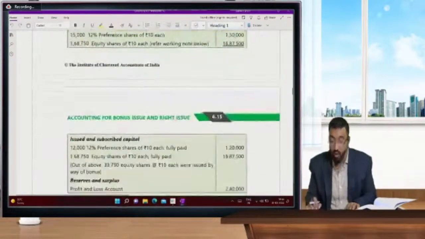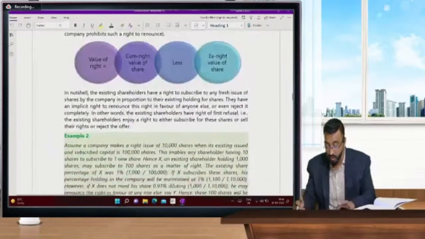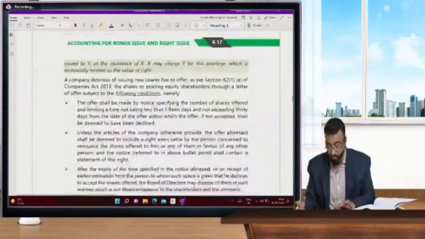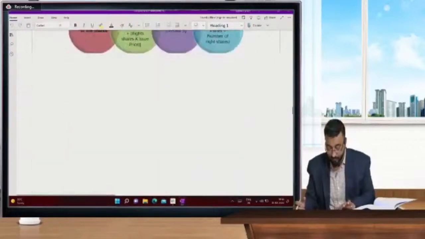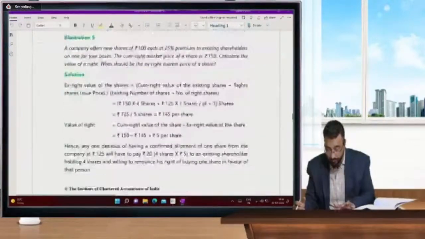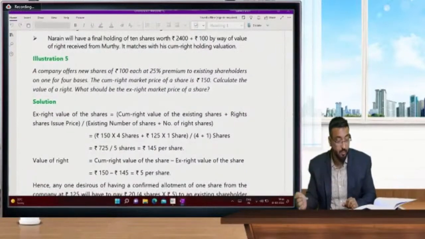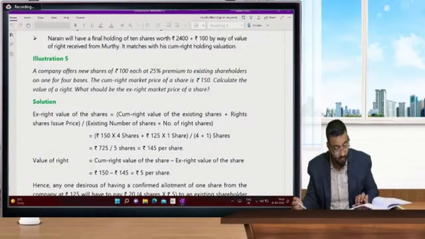Yes, I already told you, have some patience. I'm going to tell you this concept when we start with right issue, investment chapter. So beta, come to illustration number 5. In that, I'm going to explain the concept of right shares.